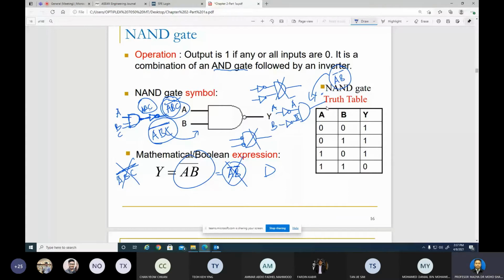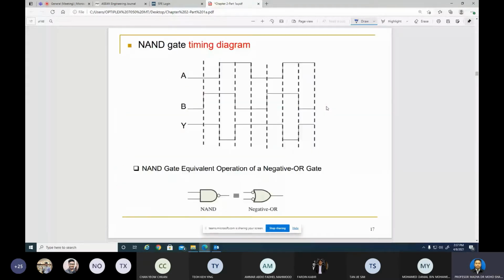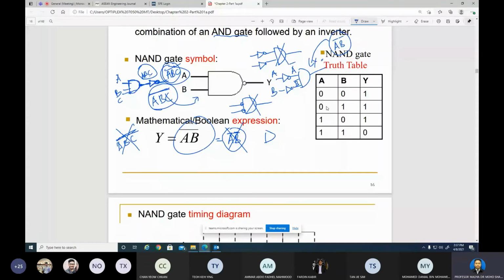Okay, so this is the timing diagram. You can refer to the truth table. Similar to the AND gate, you have to multiply and then invert.